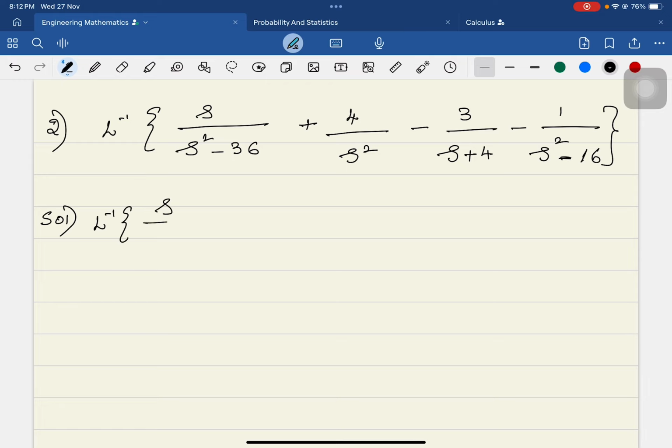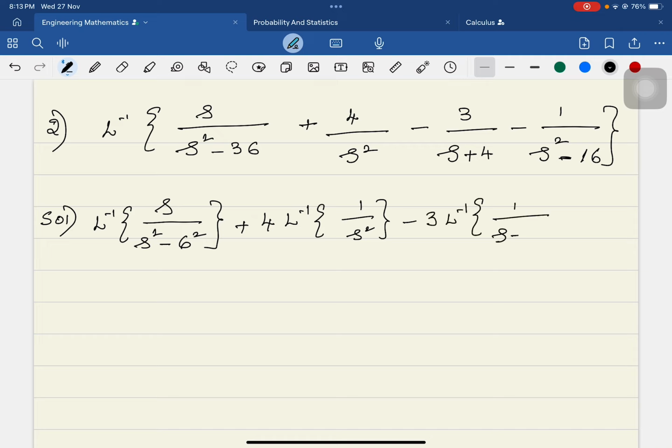L inverse of S over S square minus 6 square, plus 4 take out and write L inverse of 1 over S square. Take 3 outside and L inverse of 1 over S plus 4, minus L inverse of 1 over S square minus 4 square.